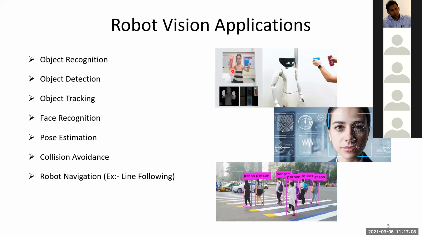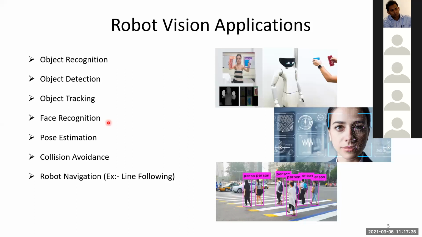You identify those objects and mark the boundary using a bounding box. That's known as object detection. Object tracking is moving one step forward. Not just identifying the object, but you analyze its path over time. If in a video these persons move, then frame to frame, you track where the object moves.